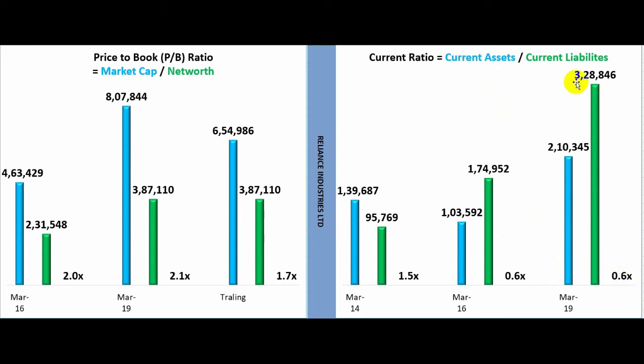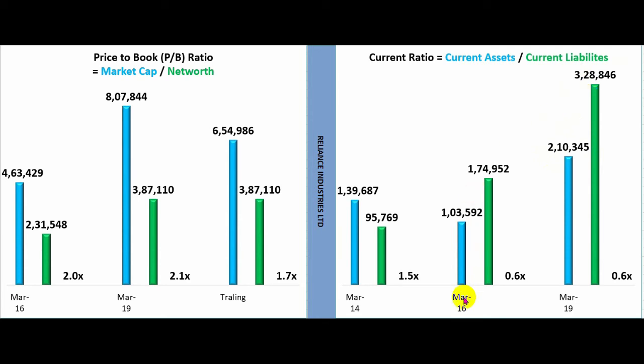The total liability it has to pay in this year is around 3,28,000 crores in March 19, against which its current assets, the assets it can sell within this year and pay the liabilities which will arise in March 19, were not enough. So it always creates a working capital pressure, and the company has to borrow more and more funds to support paying these liabilities.